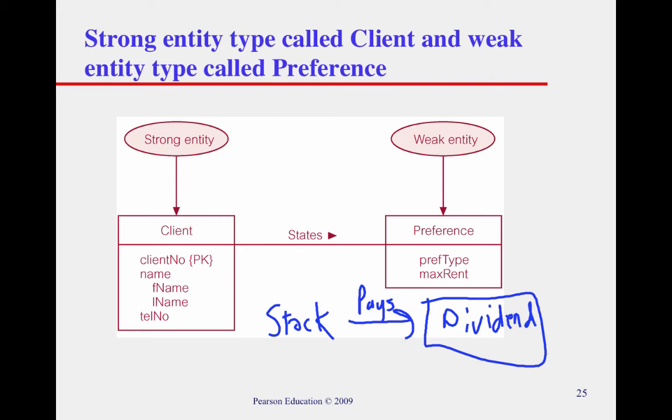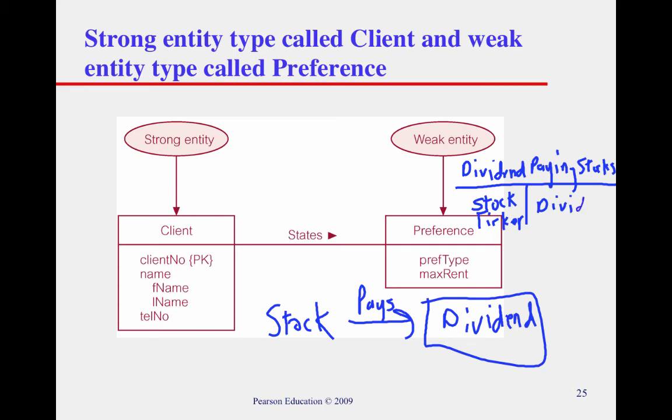Now dividend is an attribute. So what it's really going to be, you might call the relation dividend paying stocks. Not all stocks pay a dividend. So you might call the relation dividend paying stocks, and you'd have a stock ticker symbol probably, and the dividend amount.